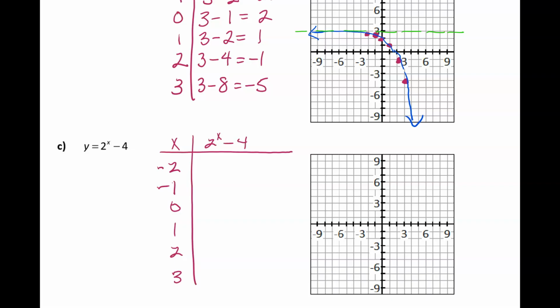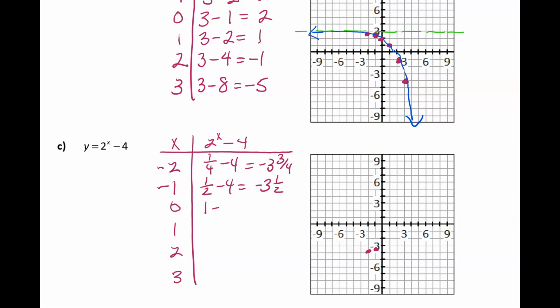So 2 to the -2 is 1/4, minus 4 is -3 3/4. So -2, comma, -3 3/4. That's almost -4. And then when we plug in -1, we'll get 1/2 minus 4, which is -3.5. So -1, comma, -3.5.